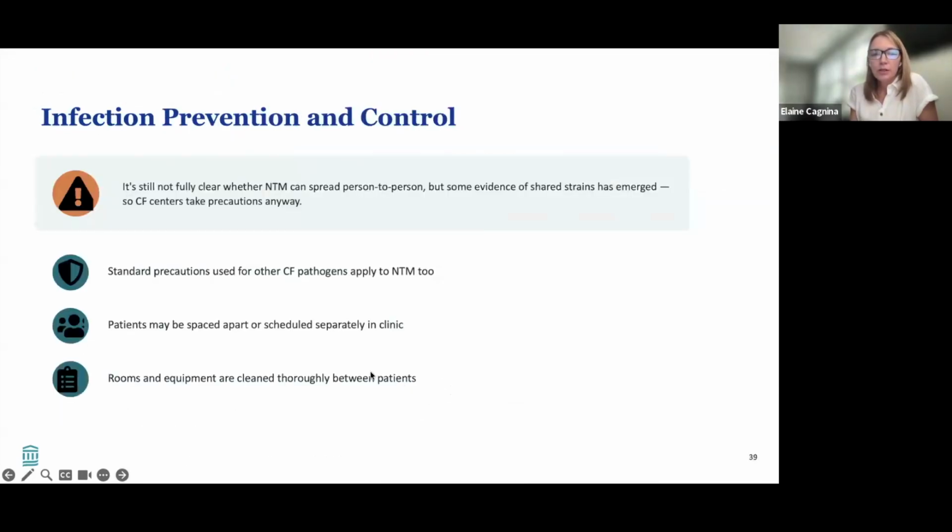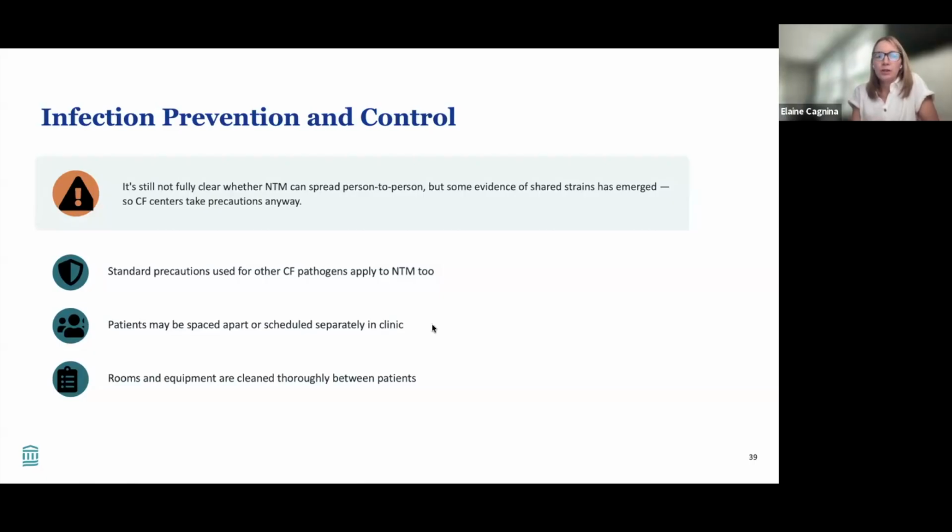And then I just wanted to touch briefly on infection prevention and control. So when you go to clinic, it is still not fully clear whether NTM can spread person to person, but there is some evidence of sharing strains person to person. We think that most NTM infections are acquired through environmental exposure, but there is concern that you can spread it in the hospital, you can spread it in a CF clinic like you can with other CF organisms.